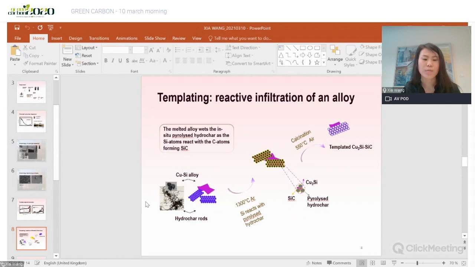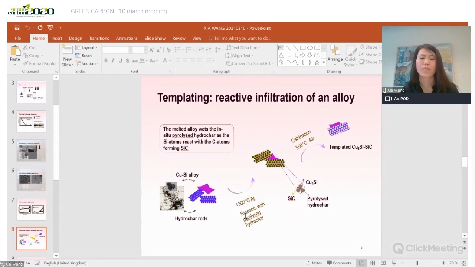To be specific, I put one piece of the alloy above a bunch of hydrochar rods, and then put this mixture into an oven with argon gas at this temperature.